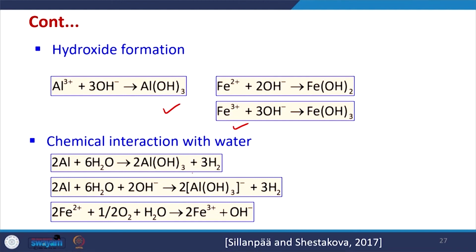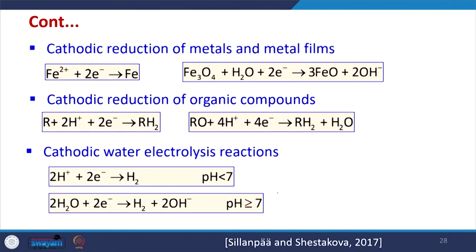Then chemical interaction with water is possible, which we have also understood, and then cathodic reduction of metal and metal films is also possible. We can see here the Fe2+ ions may get reduced on the cathode. Similarly, here we can see Fe3O4 also getting reduced into FeO. There is a possibility of cathodic reduction of organic compounds also.